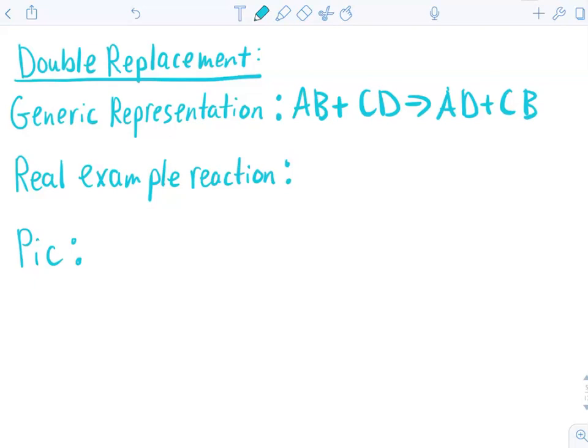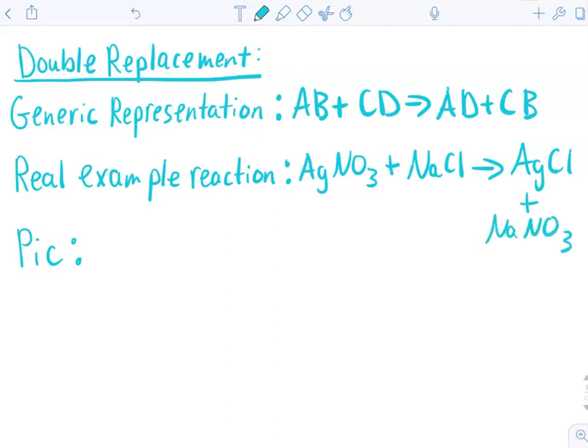It could have been our AC plus BD, and that would have been okay as well. But a real life example of this is AgNO3 plus NaCl. And now for a double replacement, we would see AgCl plus NaNO3.